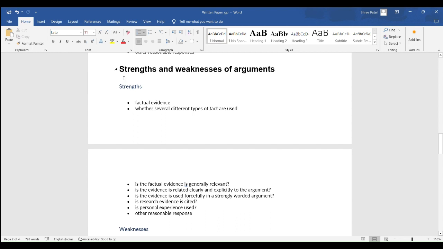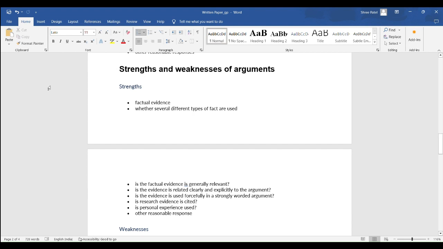So when we talk about the strengths and weaknesses, this is how you can start: the writer used a reasonable tone to state his opinion in this article. If they have used evidence from the UN, then you can say that the writer has used evidence from the UN to prove his claim.